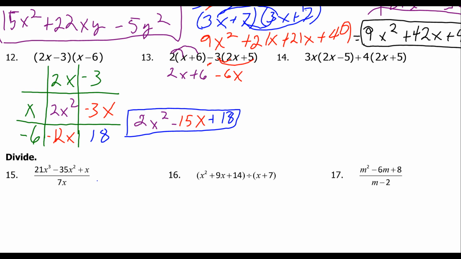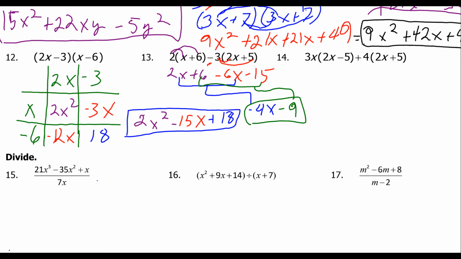So we got negative 6x, and then negative 3 times 5 is going to be minus 15. Now we can combine our terms here. 2x minus 6x is going to be negative 4x. And then 6 minus 15 is going to spit out negative 9. And there it is.